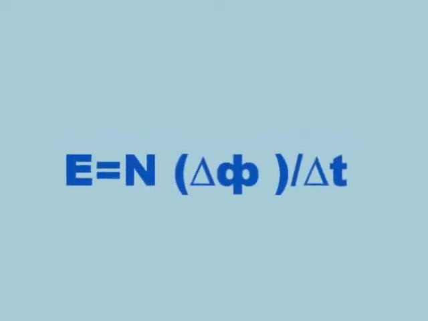From these relationships, an equation showing the relationship is E equal to N delta flux by delta T, where E is the induced voltage, N is the number of turns in the coil. Delta flux by delta T is the change of flux over change of time in Weber per second. To make it easier to calculate the induced voltage, it is normally referred to conductors rather than the coil.